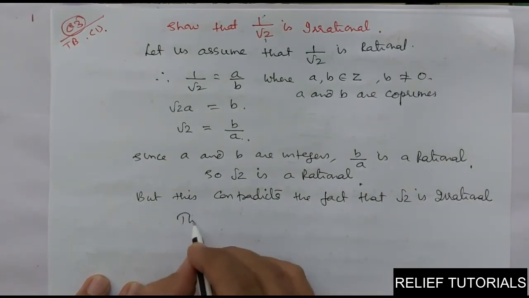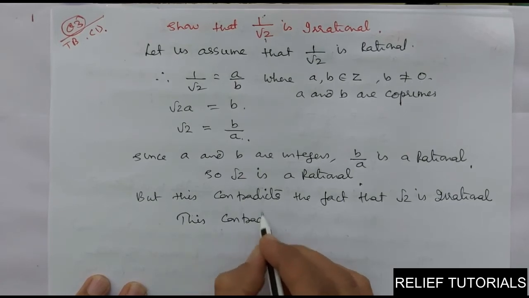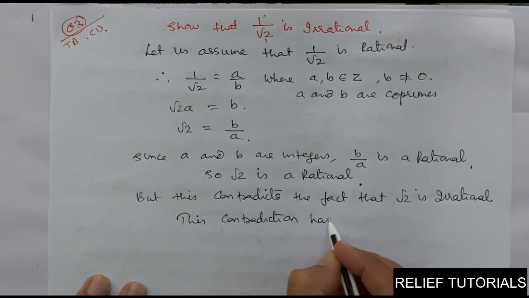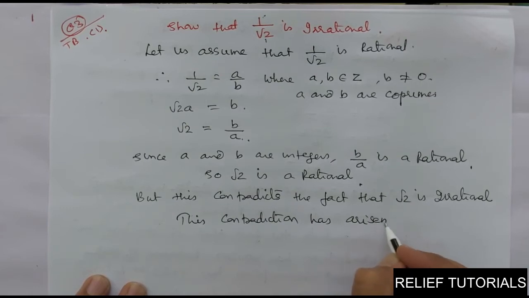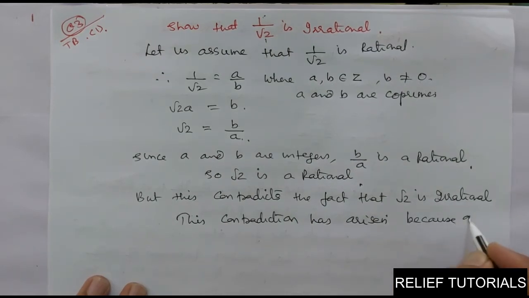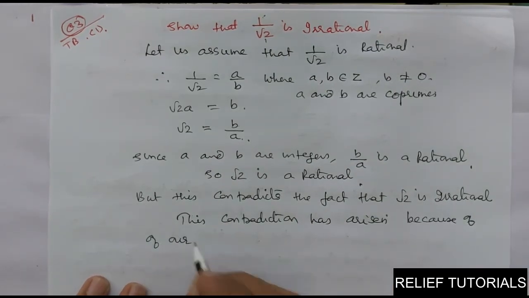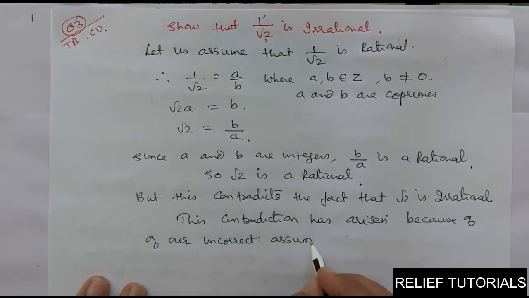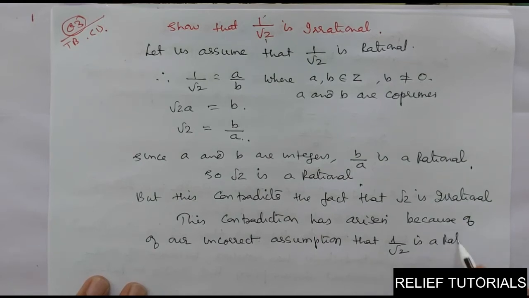Same thing. So this contradiction has arisen because of our incorrect assumption that 1 upon root 2 is rational.